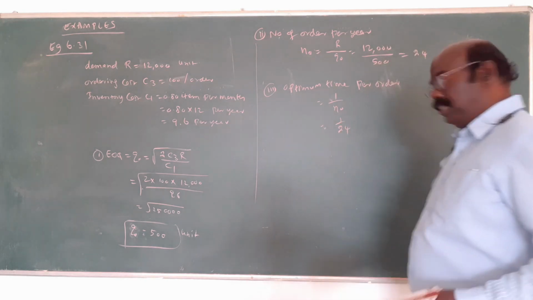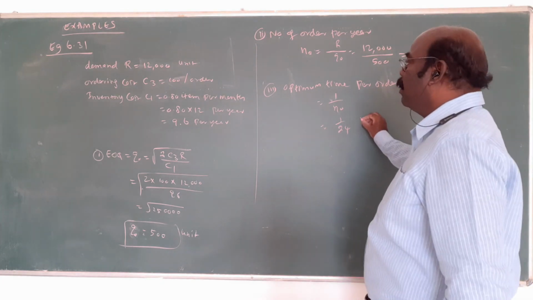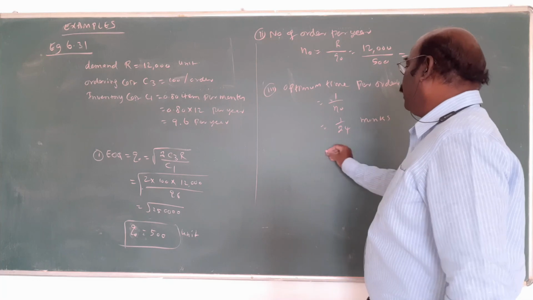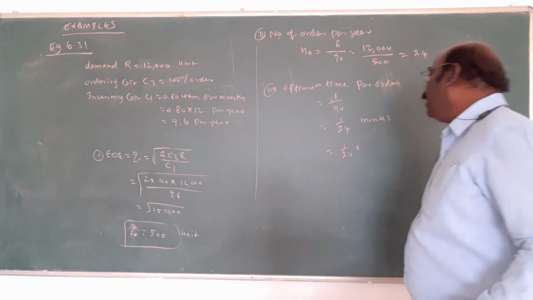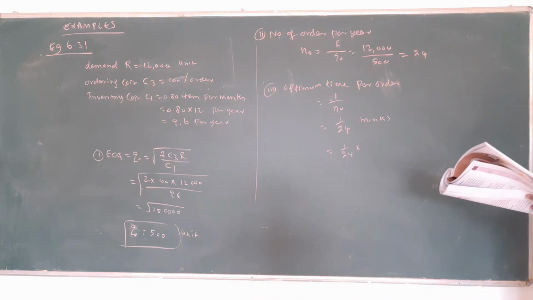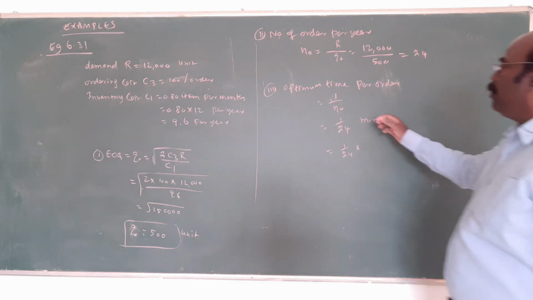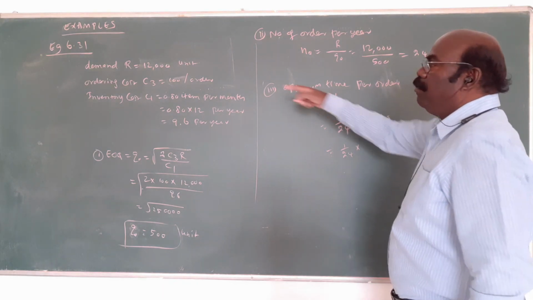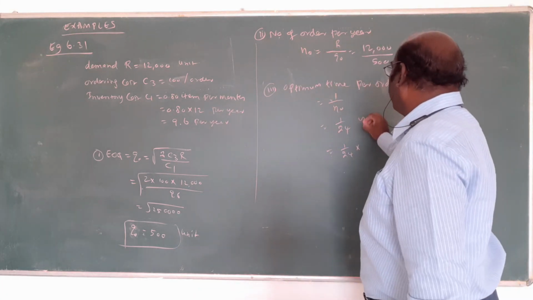This is a year cycle, 1 by 24 of a year. You want to convert it to the number of days, since the year is covered monthly.